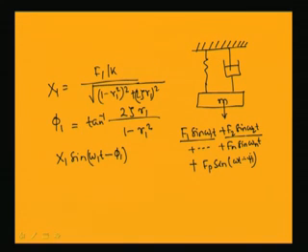Similarly, for the second force it will be X2 sin omega 2 t minus phi 2, and for the nth force, so I can write this x as different components.